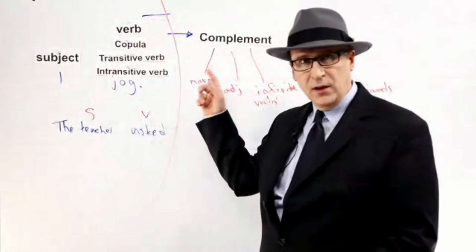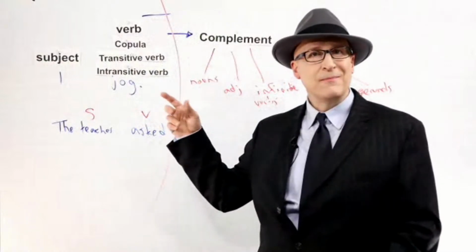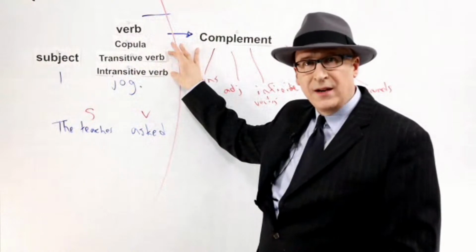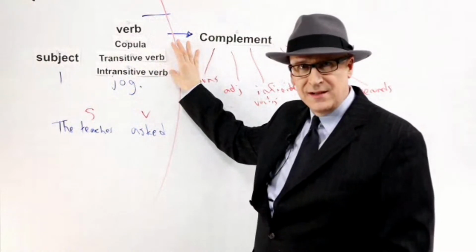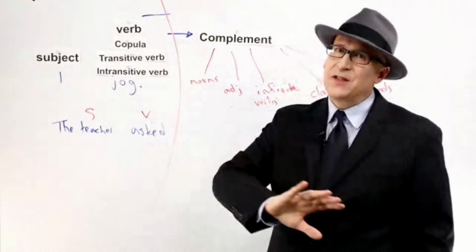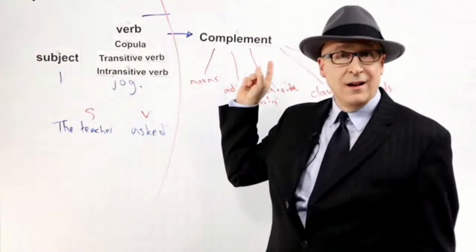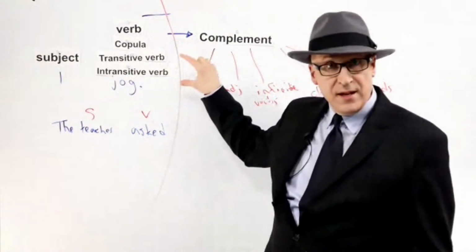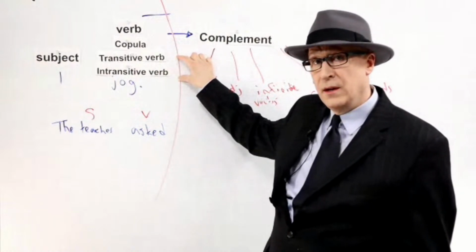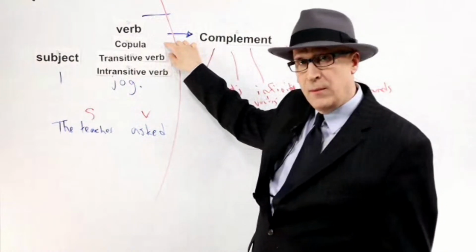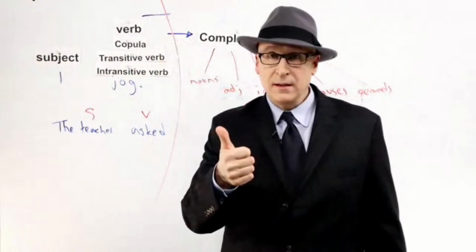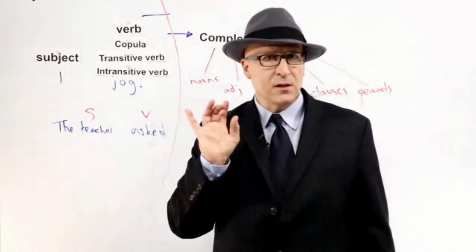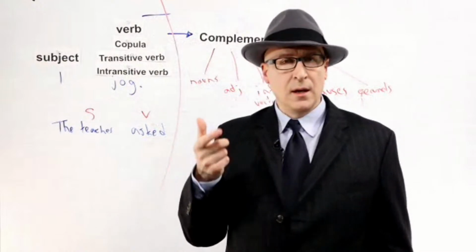One of the things that we've learned here, and I say this all the time, is the importance of knowing if the verb is transitive or intransitive. For me, that is so much more important than if something's a complement or not, or what kind of complement it is. And knowing if the verb is a copular verb: be, is, are, seems, looks, feels, those are copular linking verbs.